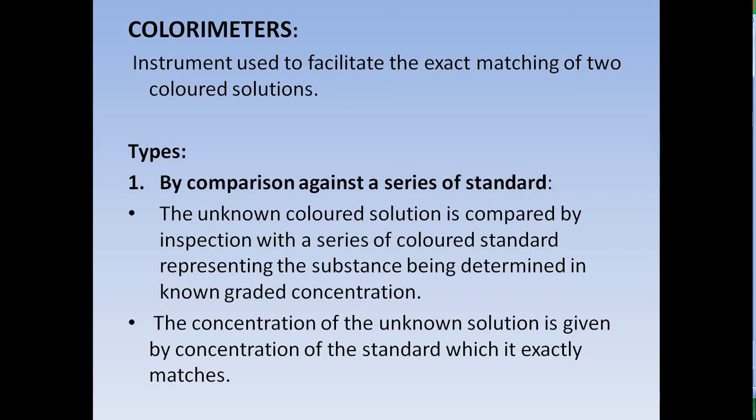Here inspection means just observation by our eyes. There will be a series of standards. We have to match the color with the standard, and once the color is matched, we can find out the concentration from the standard. The concentration of the unknown solution is given by the concentration of the standard which it exactly matches. So this is how it's done.